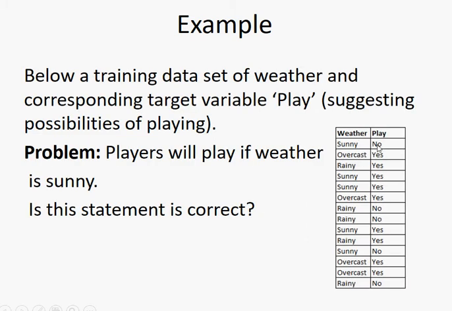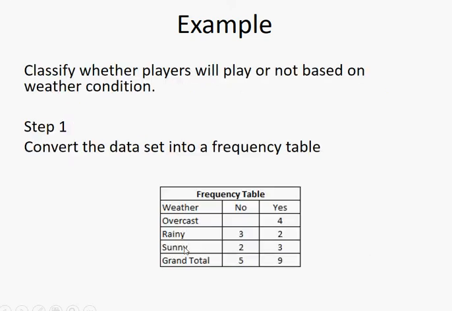So we have sunny, no, sunny, yes, sunny, yes, sunny, yes, sunny, no, and those are the values that are going to go here. For sunny we have 2 no's and 3 yes, and the same for the other ones. Then we have the total values 5 and 9, so we have 14 games where we recorded the weather and whether they played or not.